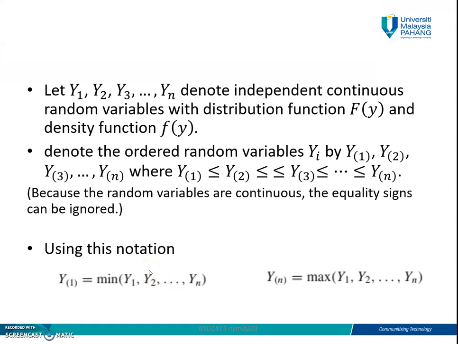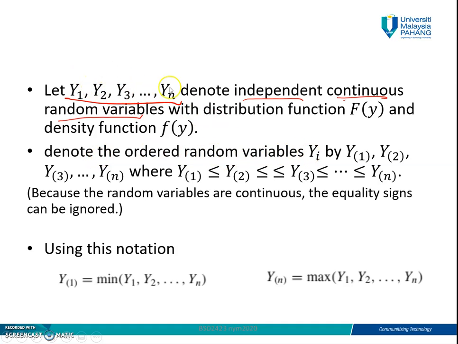So consider, let y1, y2, y3 until yn denote independent continuous random variables, with distribution function capital F, Fy, and density function small f, fy. Denote the ordered random variables of yi.